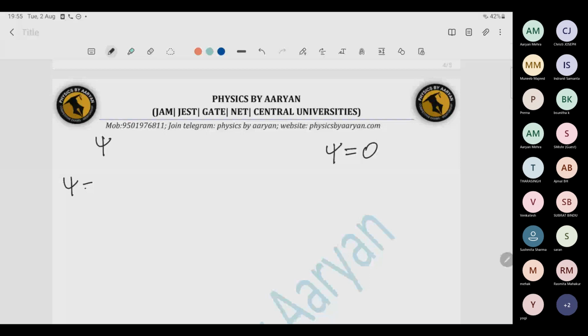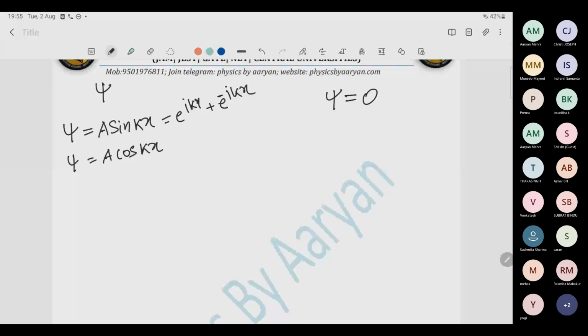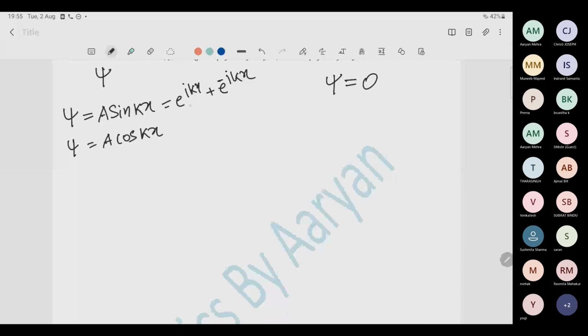If you check these two, e raised to iota kx or e raised to minus iota kx is actually contained within these functions. Why? Because you can define your sin kx as e raised to iota kx plus e raised to minus iota kx. So you just need to check whether your wave function is a sin kx or a cos kx. For that, we will use the property called continuity of wave function.